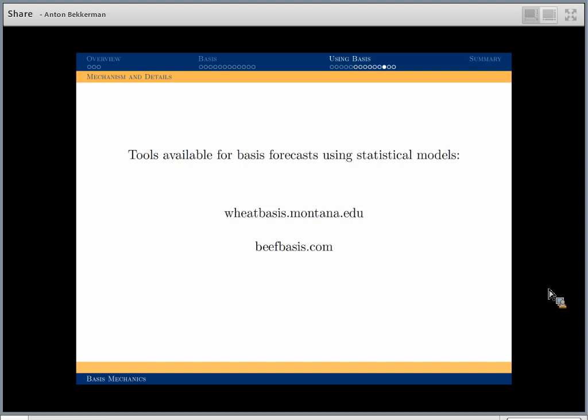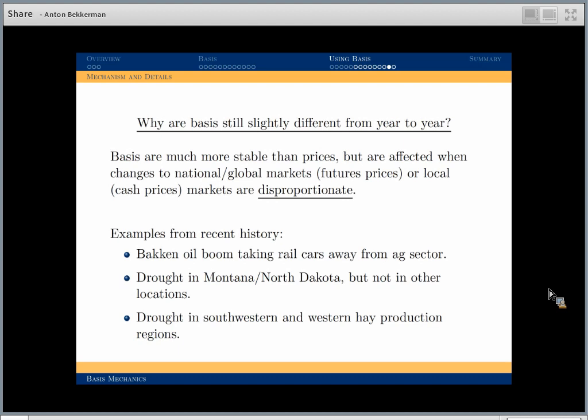For example, something that happens in Ukraine is not likely to directly affect Montana wheat markets, but it'll affect global wheat markets, and it'll affect futures prices. And so futures prices might go up or down by a higher percentage than the impact that trickles down to local cash prices. Cash prices will also go up and down because of this thing that happened in Ukraine, but they may not change as much as futures prices change.